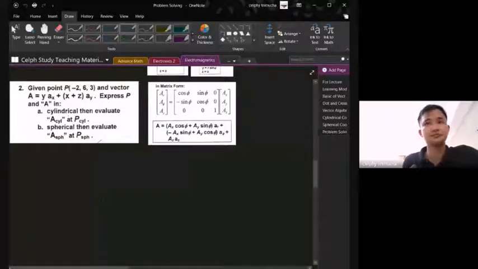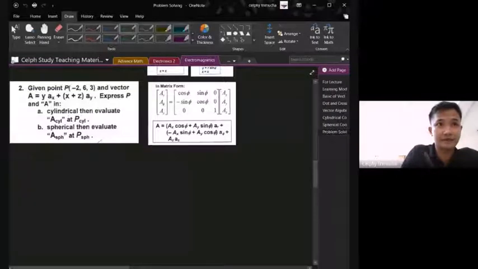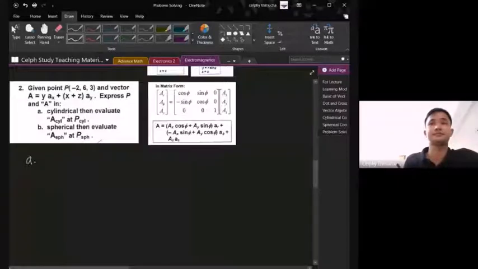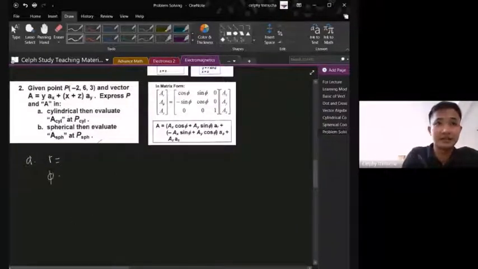So, first, for number 1 or letter A, we will have cylindrical. So, start na by finding the value of your r. We also have to solve sa aton nga angle and then ang aton nga z.